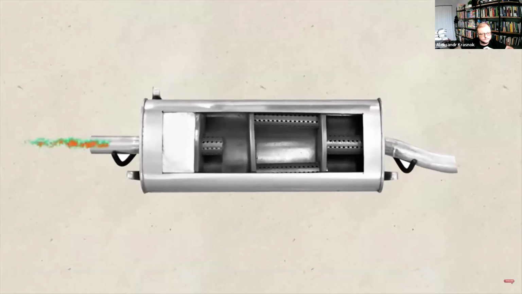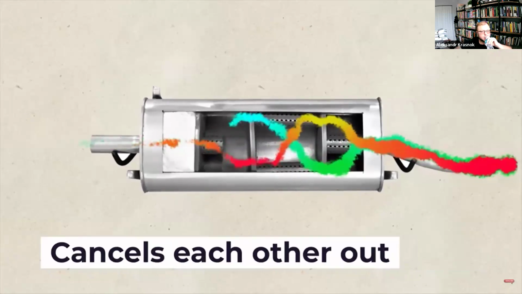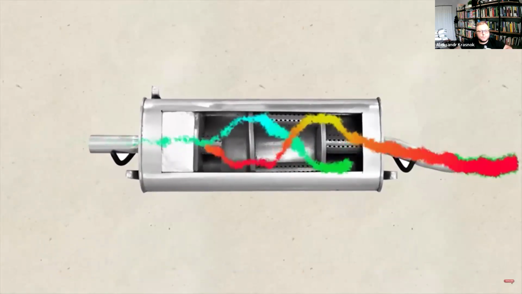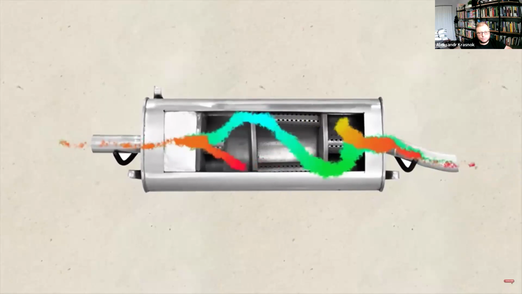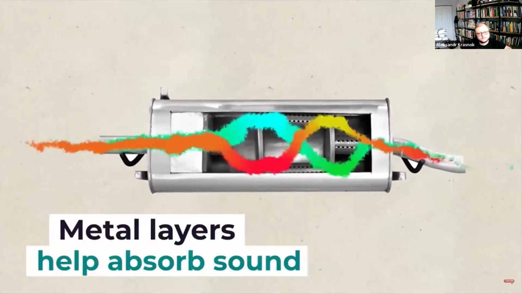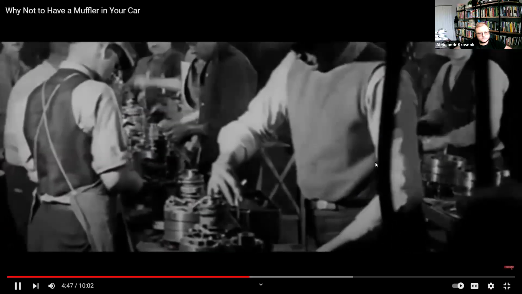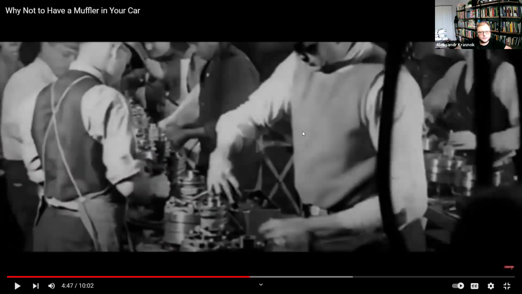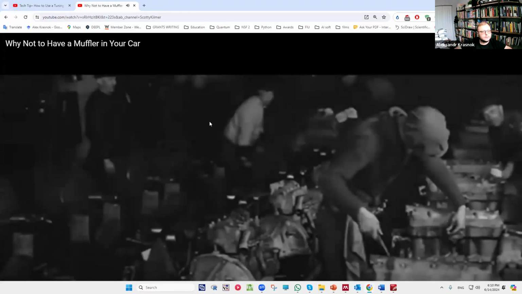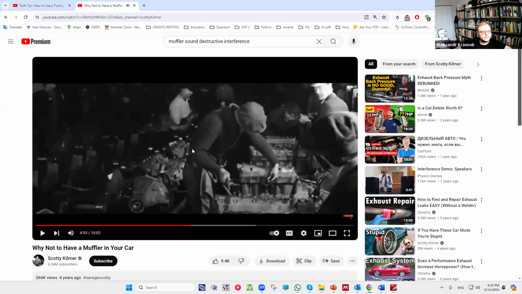The muffler reduces the engine noise by reflecting the sound waves in such a way that they cancel each other out. In addition to the inner workings of the muffler, it's also constructed from layers of metal that help absorb the sound. The muffler quiets the engine, but it doesn't deal with the fume problems. So Milton begins working on making improvements to the engine. He looks at cooling and having the intake and outlet manifold on opposite sides.